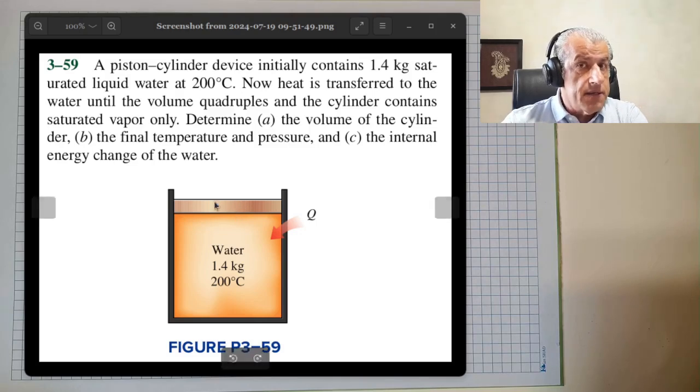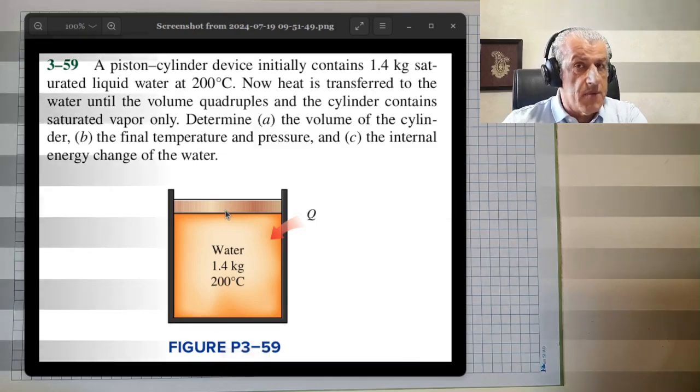And this configuration is blind to the fact that if there is a spring above it, or there is friction, or anything else, it just tells us that there's a piston cylinder device. And from whatever the problem has told us, we have to understand if the assumption that the pressure remains constant in such a device, which is very common in many problems, is correct for this problem or not.